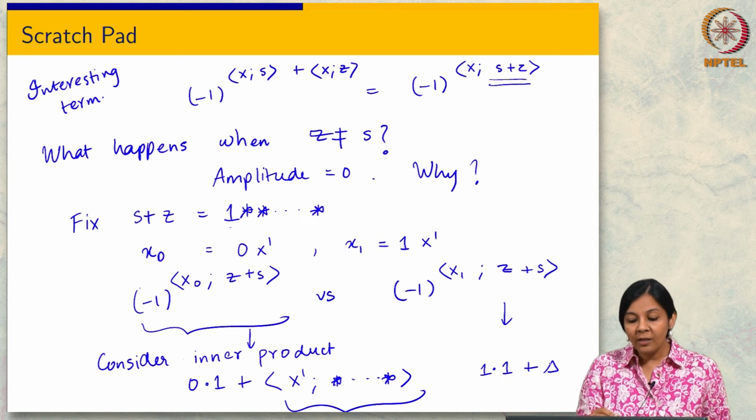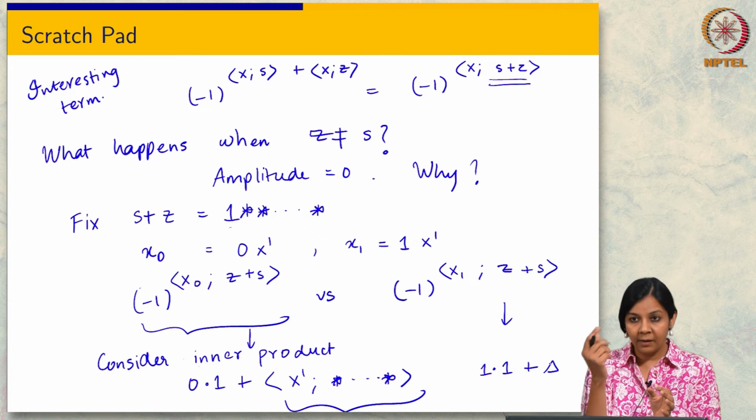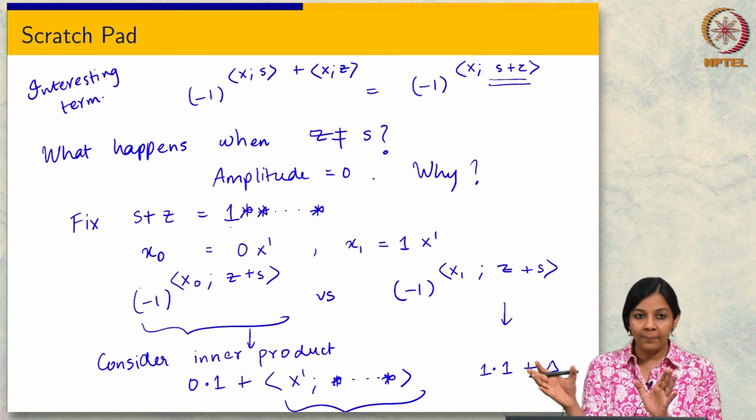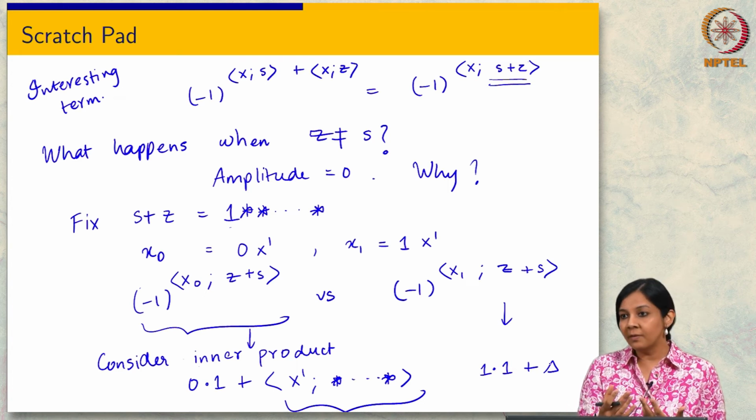So I cannot claim that the first inner product is 0 and the second inner product is 1, because I don't know what these wildcards are. I don't even know what x prime is. But whatever it is, the other one is the opposite of that.